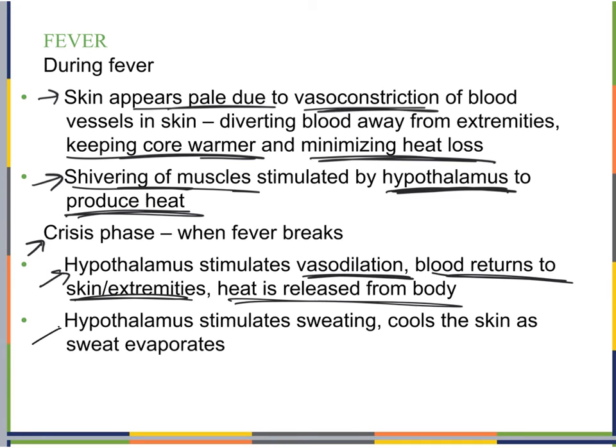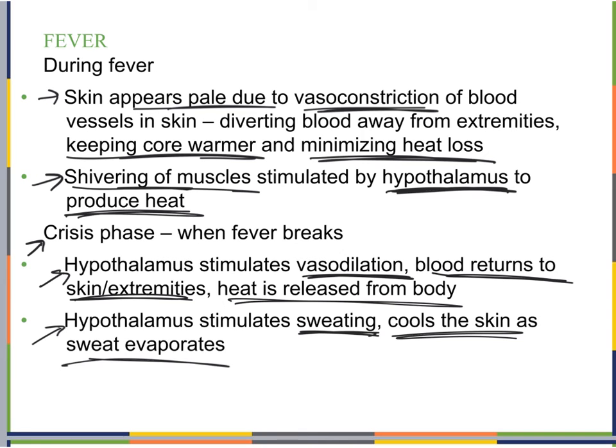The hypothalamus is going to also stimulate sweating. This is in order to cool the skin as the sweat evaporates. So once we have this switch from wanting a fever, an increased temperature, to no longer needing this fever, our hypothalamus is going to make us sweat so that we can put water on the surface of the skin.